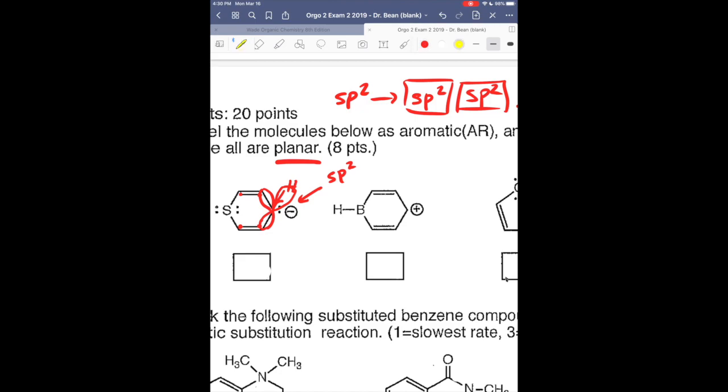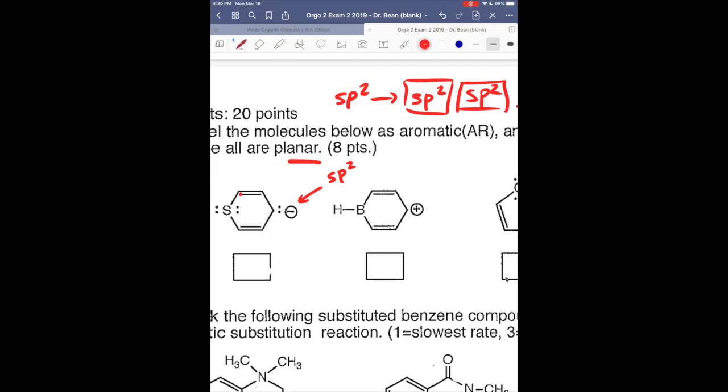Let me draw in blue, for example. The unhybridized p orbitals make these dumbbell shapes like that above and below the plane of those sp2 hybridized orbitals, okay? So the lone pair is going to be present in that, and then it's going to be traveling throughout this pi system.